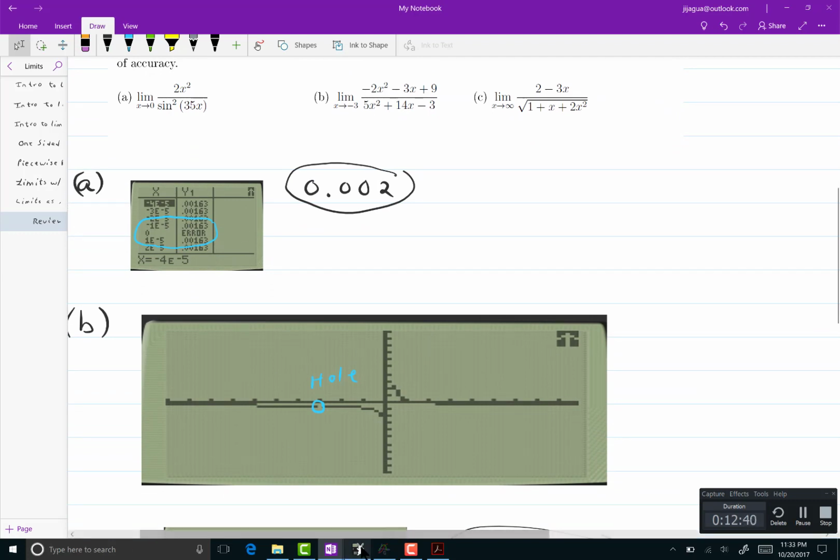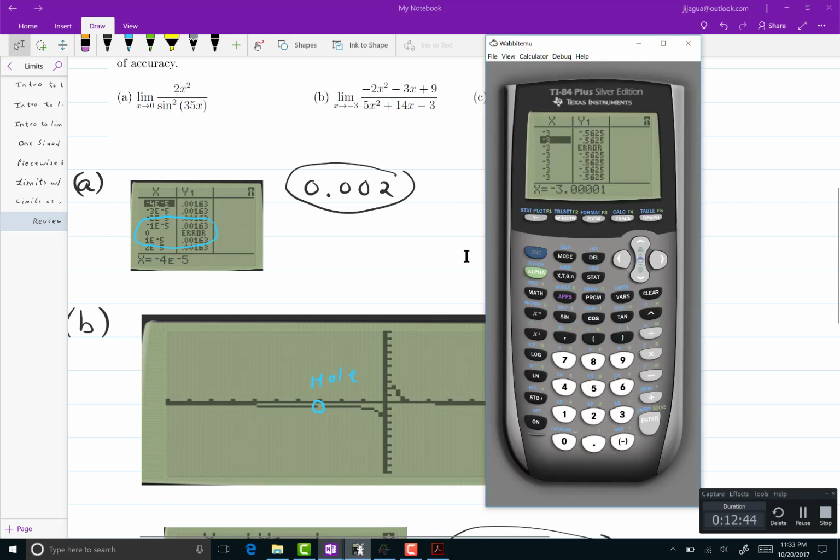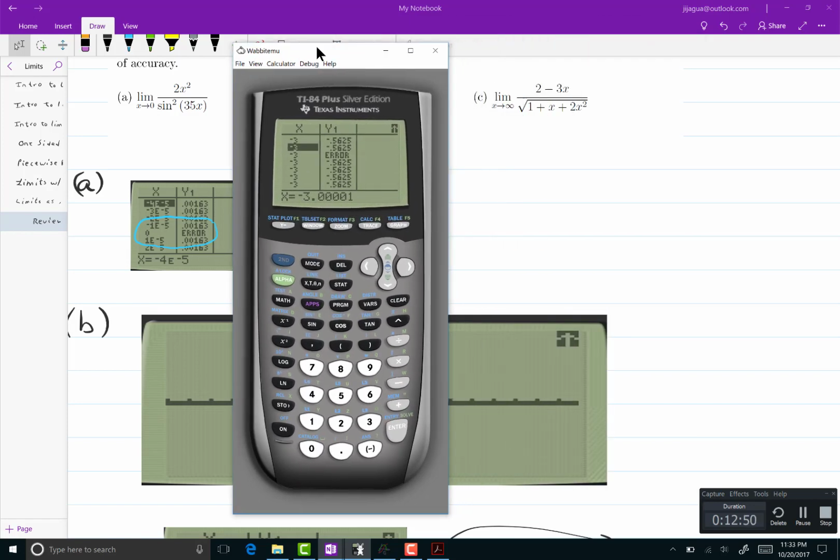Now the last one, part C. The limit as x goes to infinity of 2 minus 3x divided by the square root of 1 plus x plus 2x squared.